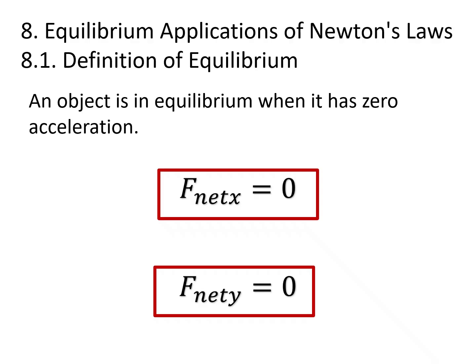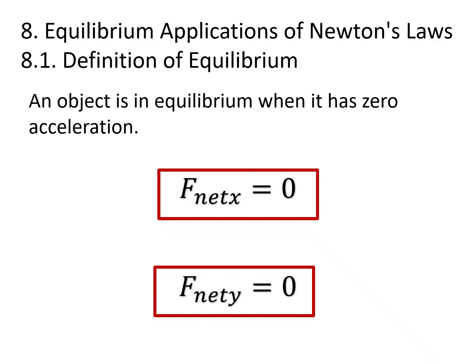From Newton's second law, the net force equals mass times acceleration. If the acceleration is zero, then the net force must be zero. For motion in two dimensions, this condition must be true in both directions. The net force in the x direction must be zero, and the net force in the y direction must also be zero.